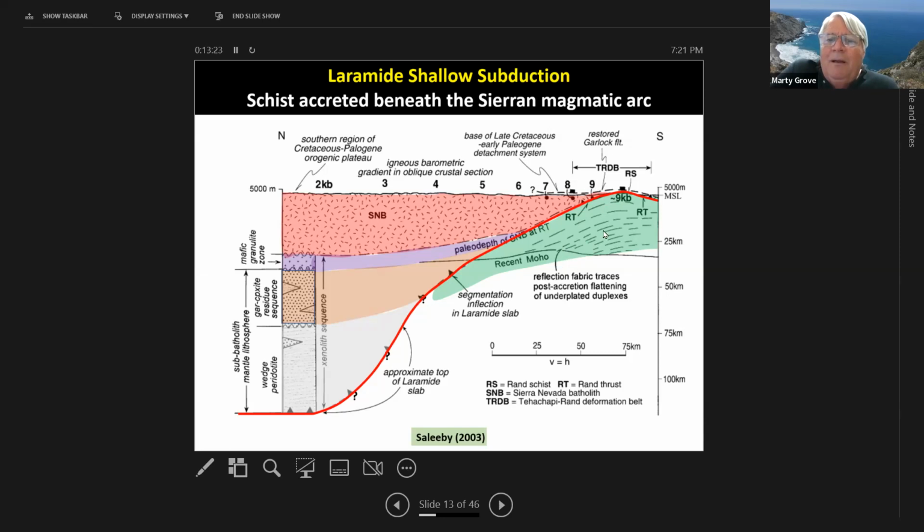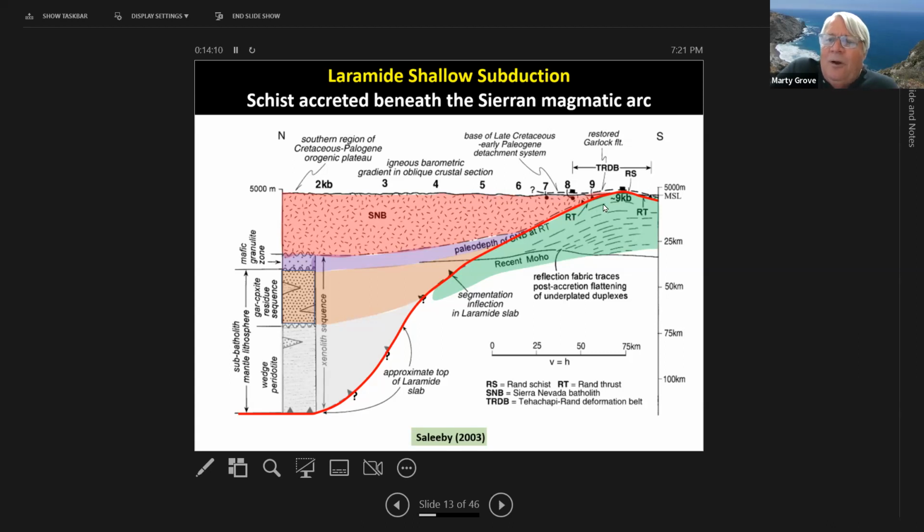And based on a large amount of seismic reflection data and petrologic relationships that are present in the southern Sierra Nevada, it's interpreted that we have an oblique section of the batholith that increases from typical crustal erosion depths in continental margin batholiths of 2 to 3 kilobars, or on the order of 7-8 kilometers maximum erosion depth, all the way up to nearly 10 kilobars, or approaching 30 kilometers.